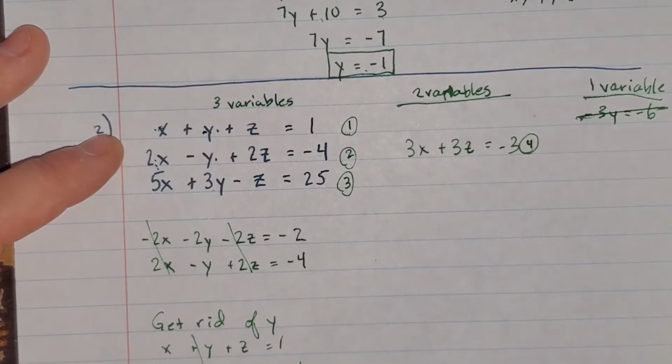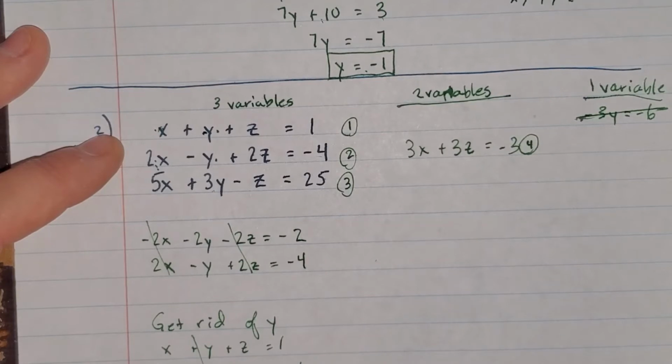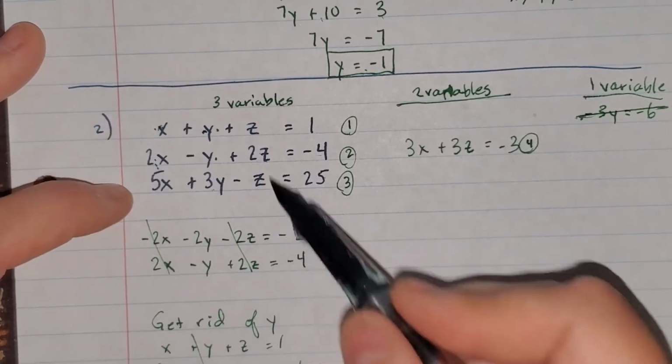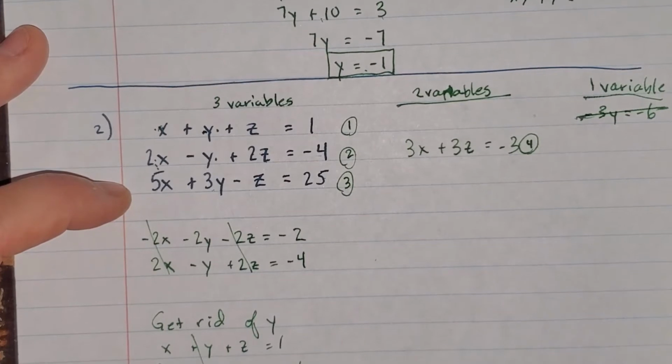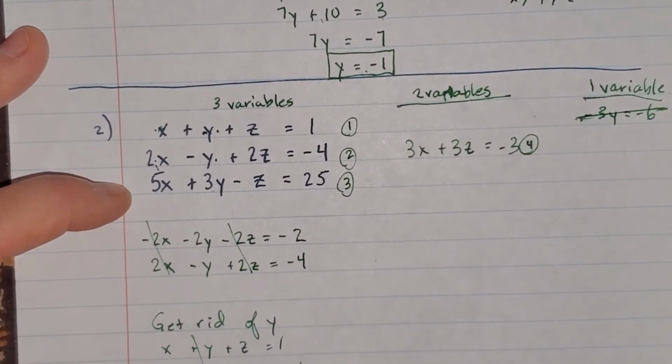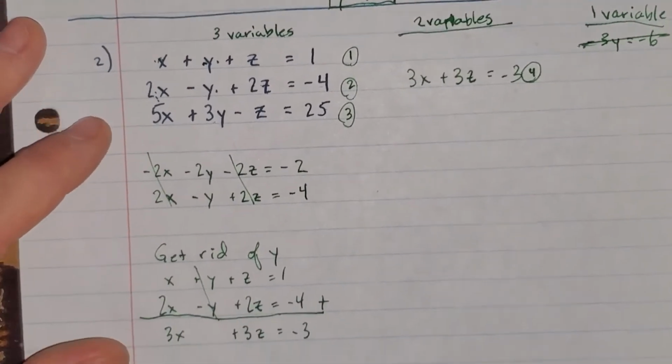I get negative 3x minus 3y minus 3z equals negative 3. Then I take the bottom equation, 5x plus 3y minus z equals 25, and we see that those go away.